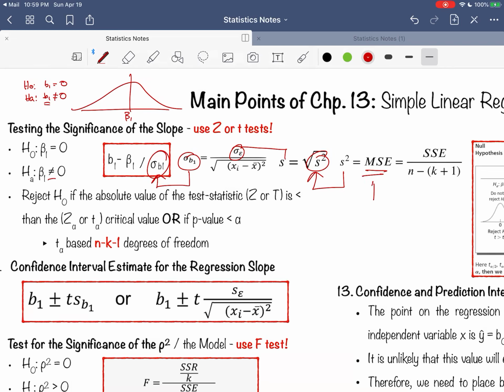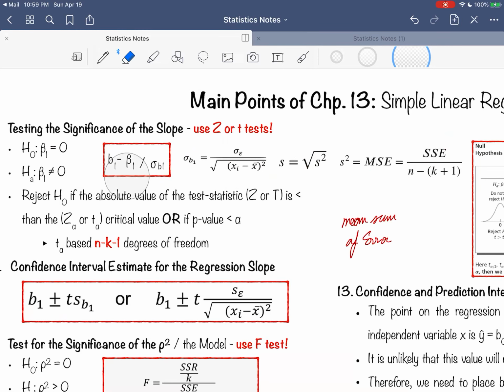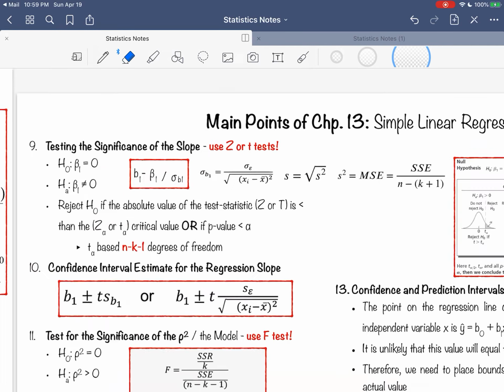MSE stands for mean sum of squares of the error. And it is simply the sum of squares of the error divided by its degrees of freedom, n minus k minus 1. My suspicion is you will not be asked to calculate this, but it could happen, and it has happened before.